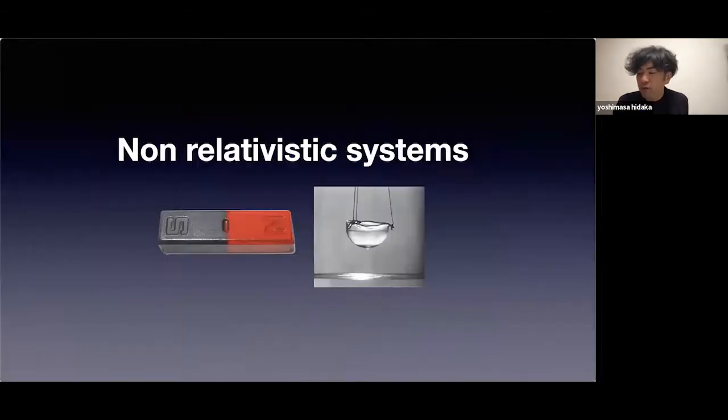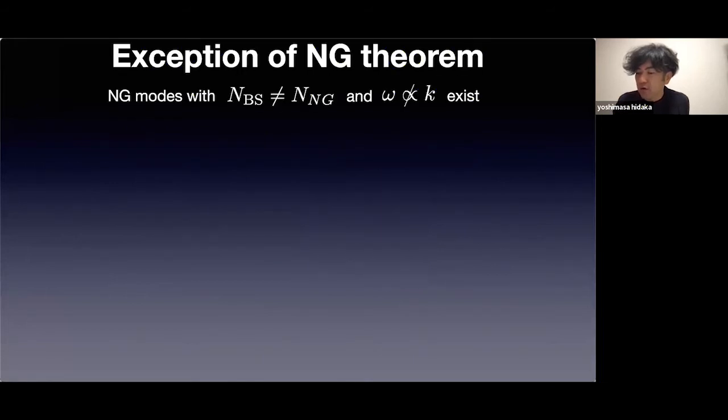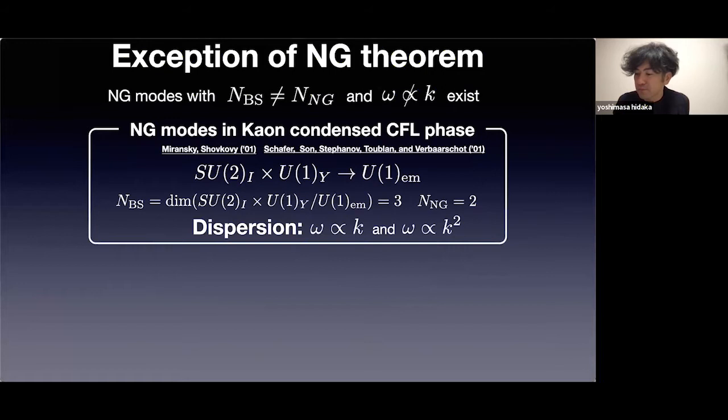Okay, so let me start with the non-relativistic system. It is known that there exist some exceptions to the Nambu-Goldstone theorem, which means the number of Nambu-Goldstone modes is different from the number of broken generators, and the dispersion is not linear. One example appears even in relativistic theory at high density.